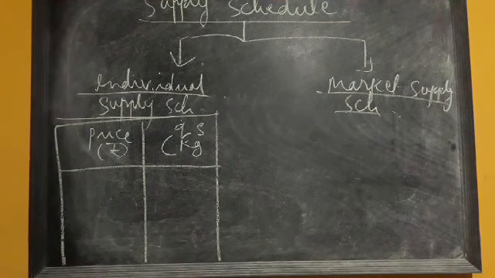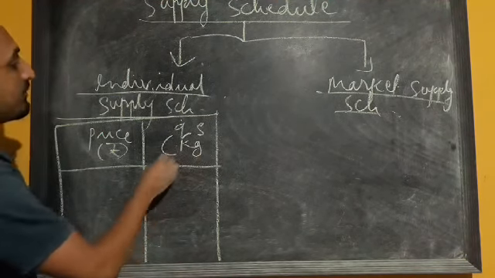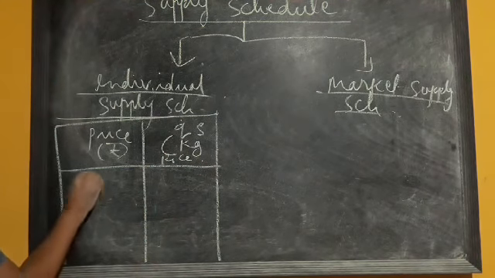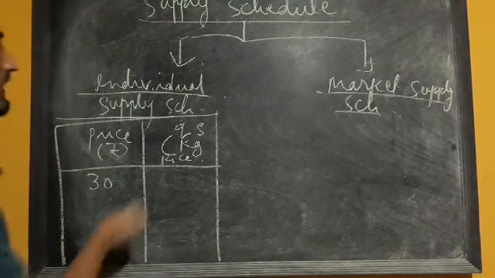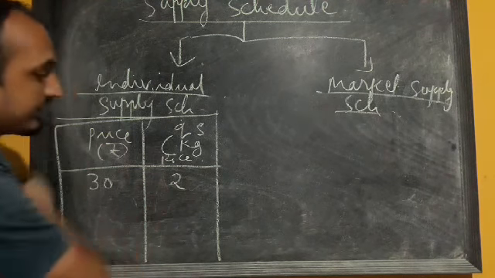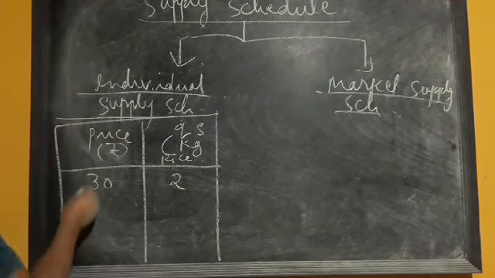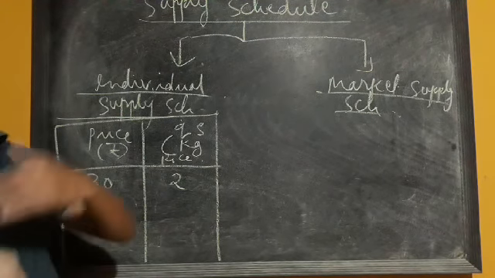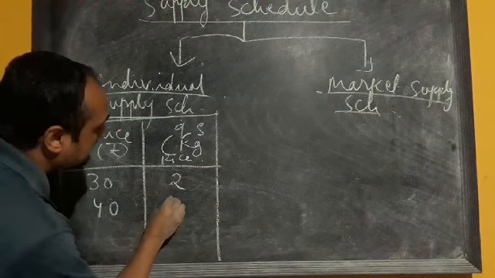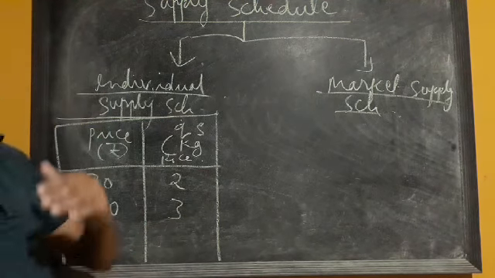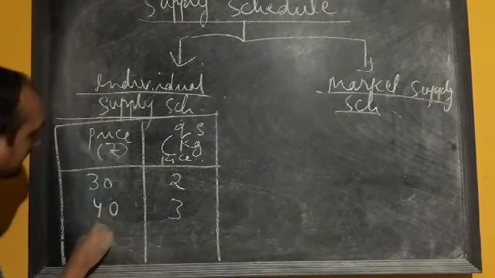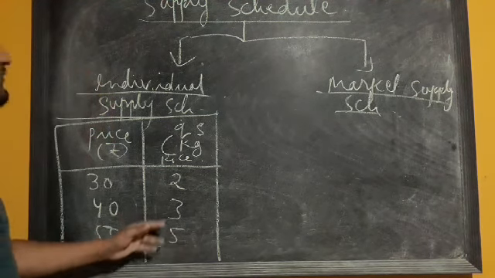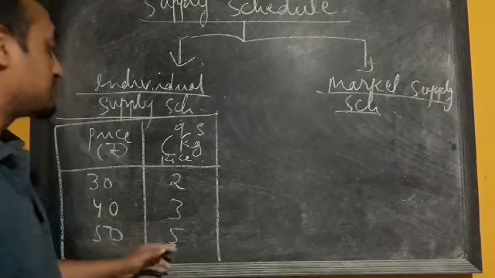When the price of a commodity, say rice, is 30 rupees per kg, the quantity supplied is, say, 2 kg. When price increases from 30 to 40, the quantity supplied may increase from 2 kg to 3 kg. Similarly, if price increases from 40 to 50 rupees per kg, the quantity supplied may increase from 3 kg to 5 kg.